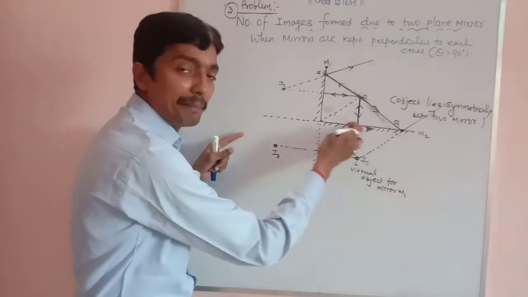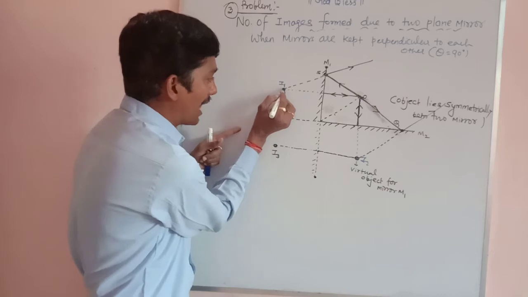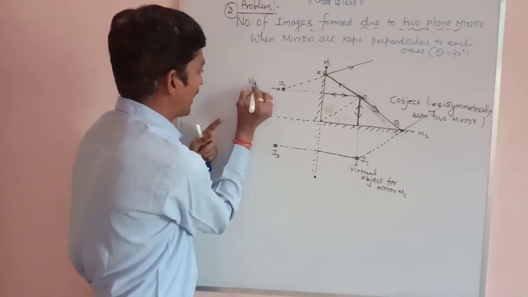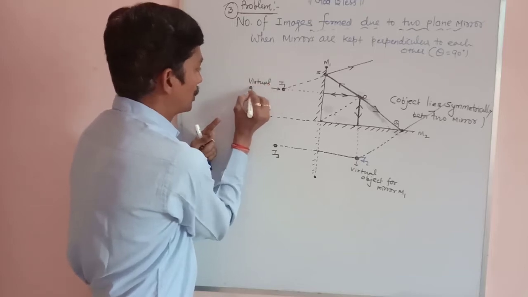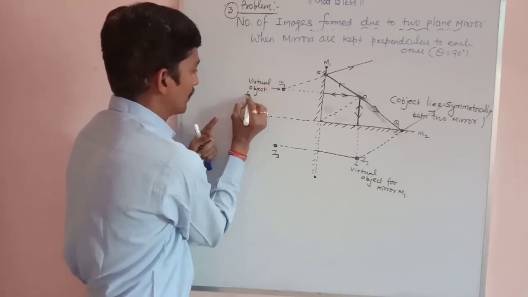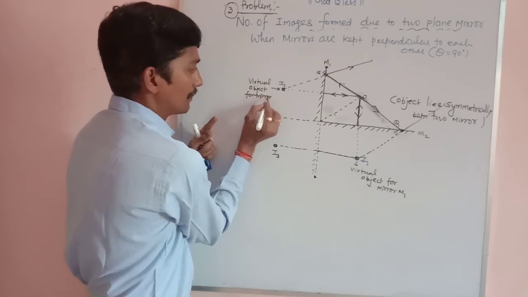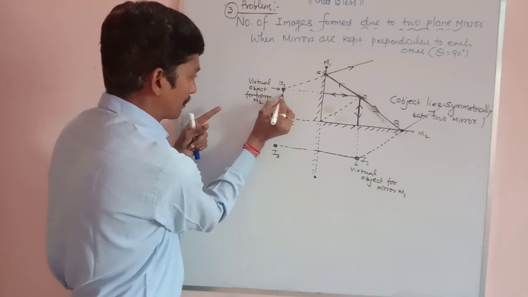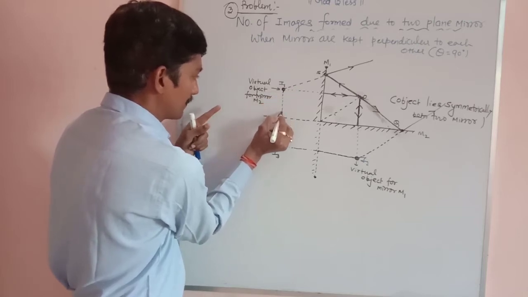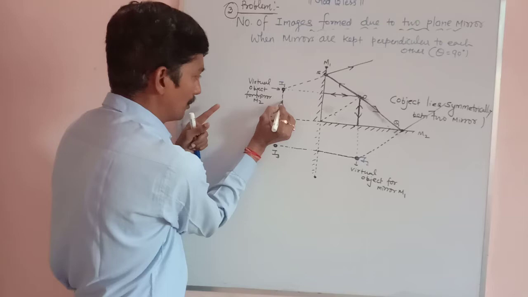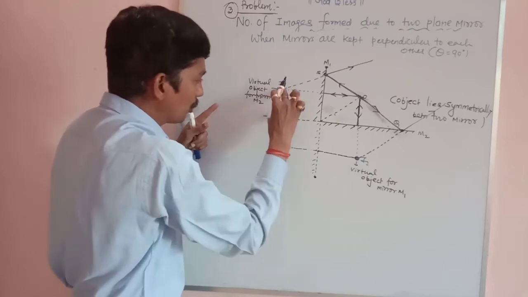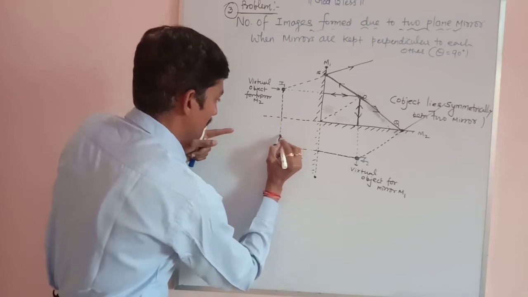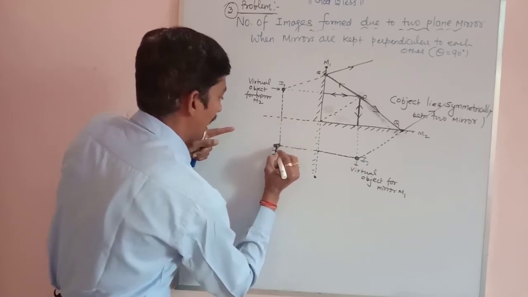Now when I extend mirror M2, don't you think I1 acts as the virtual object for mirror M2, and it is at this much distance from mirror M2. So at the same distance inside the mirror M2 the image is formed, again at I3.